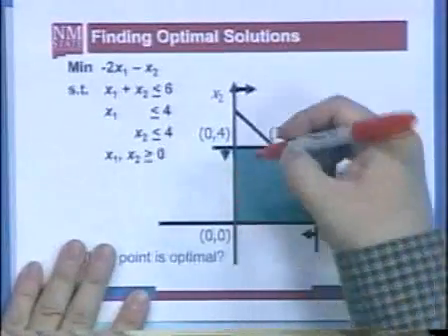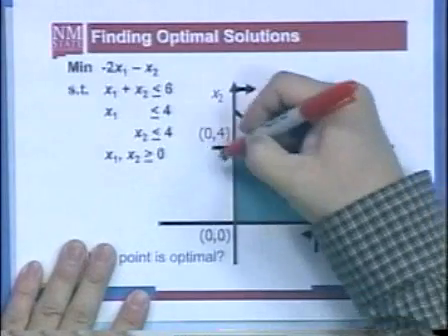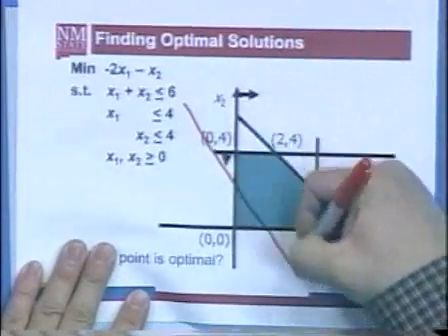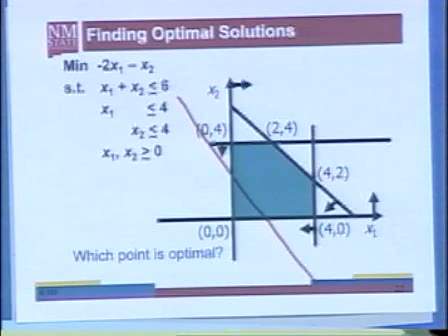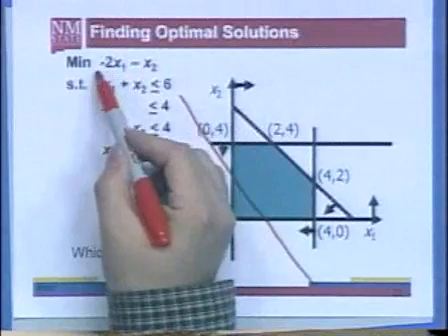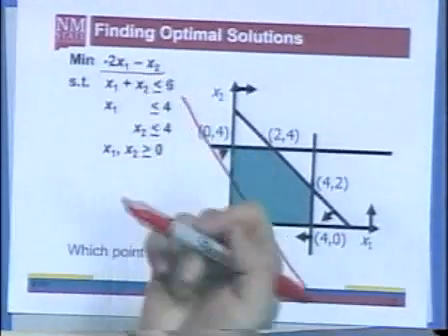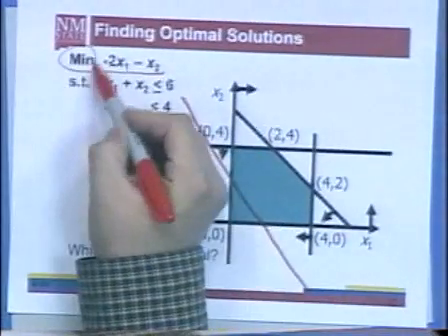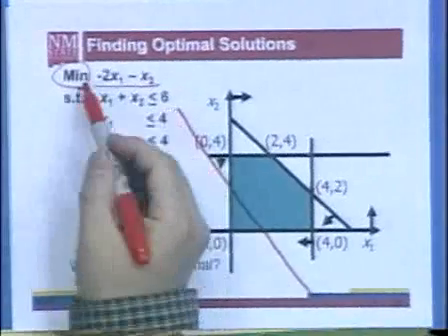So it's something like this. The isovalue line will be like this, right? And in this case, our objective function value will be improved, will be decreased, right? This is the minimization problem.